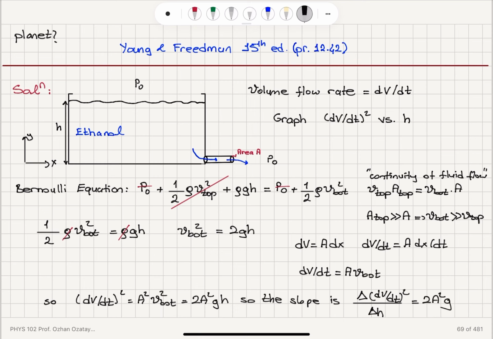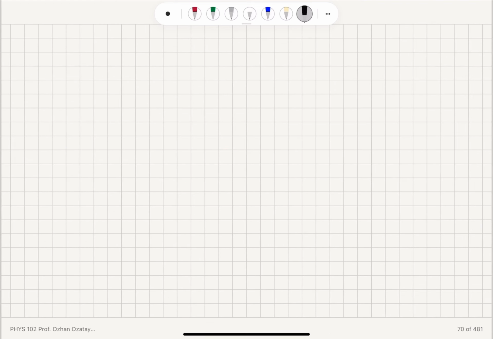Area is a constant here, so this is going to be a constant slope. So from this slope, I can read g. What is g? g is the slope of this graph, delta (dV/dt) squared divided by 2A squared delta h.